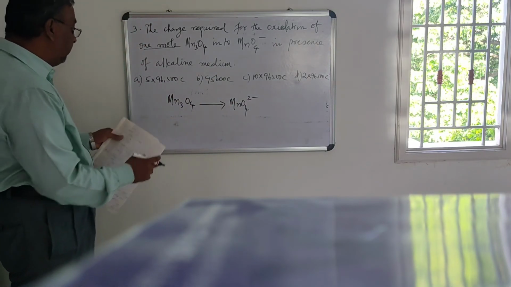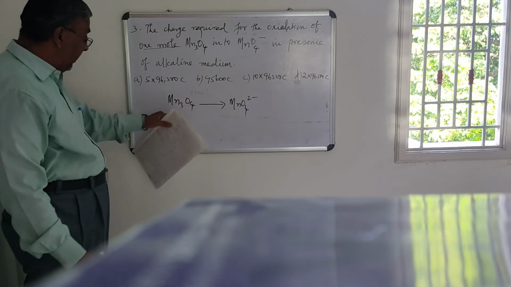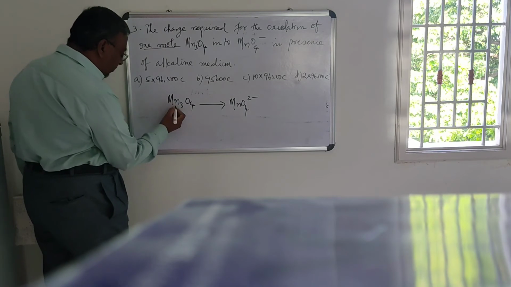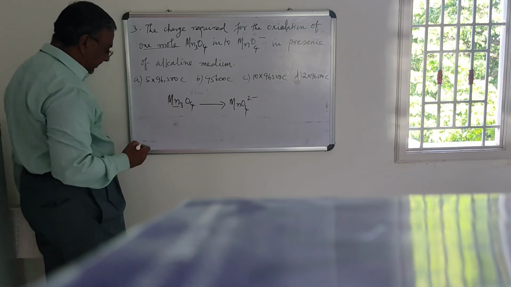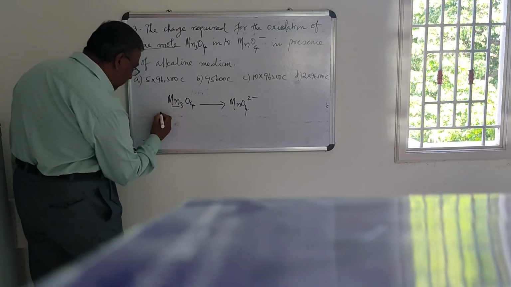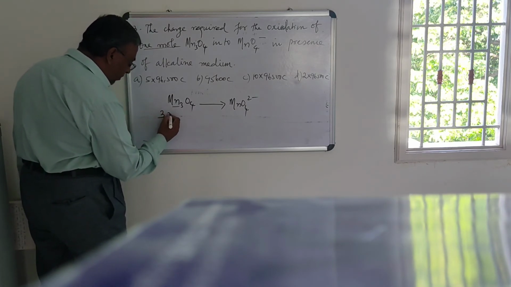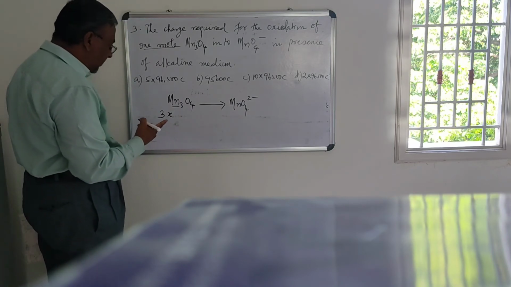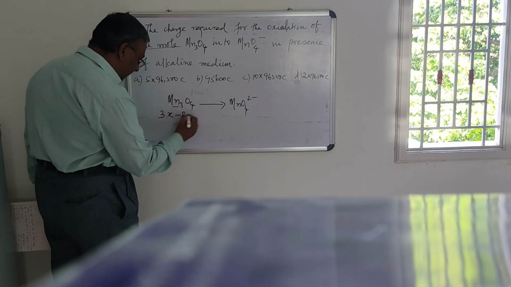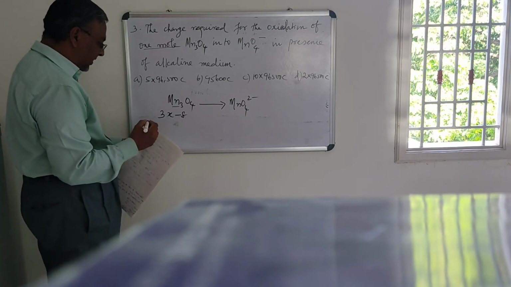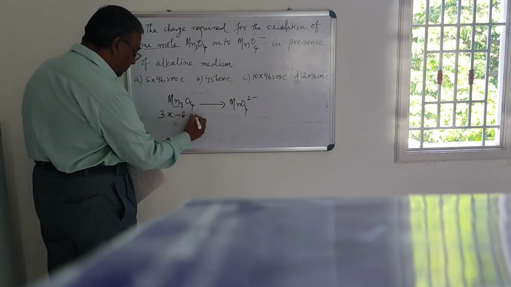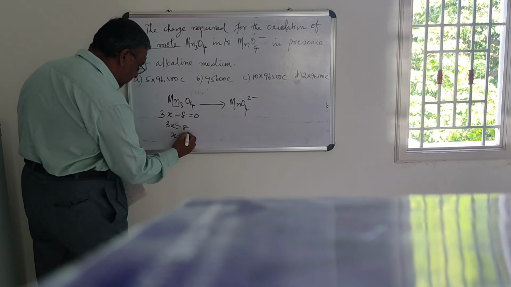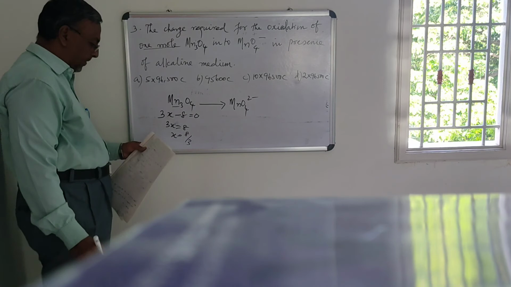What is the oxidation state of manganese here, because it undergoes oxidation? We have to find out the oxidation state of manganese here. There are 3 manganese ions, and we don't know its oxidation state, x. Each oxygen carries minus 2 charge, 4 into minus 2 is minus 8. 3x minus 8 equal to 0, 3x equal to 8, x is equal to 8 by 3.